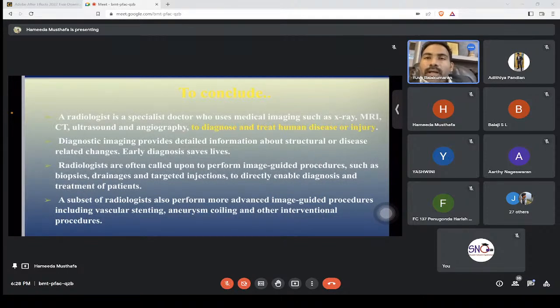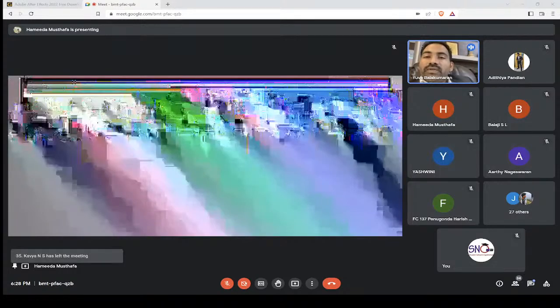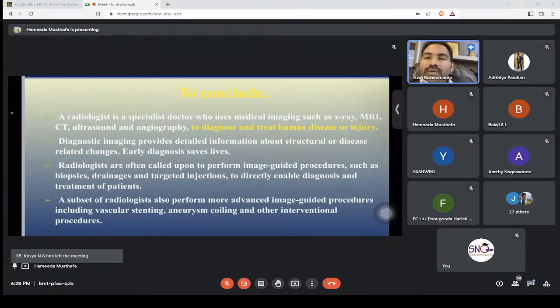We also use image-guided procedures such as biopsies, FNAC, drainage, and targeted injection to directly enable diagnosis and treatment of patients. A few radiologists also perform more advanced image-guided procedures like vascular stenting, aneurysm coiling, and other interventional procedures. Now it is known as interventional radiology.